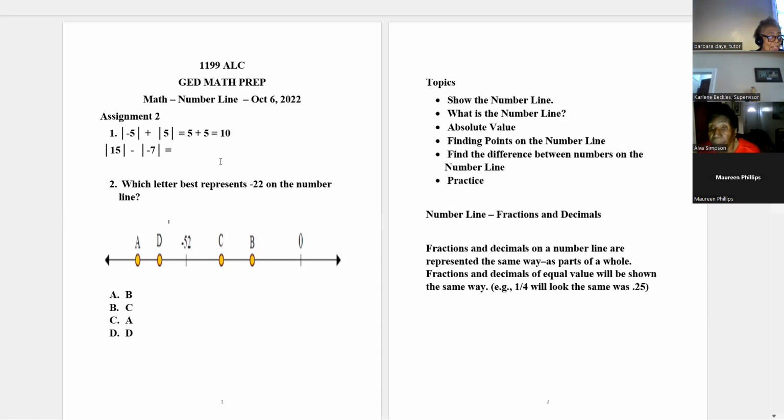That's right. You just take the number in between the vertical lines with no sign. So you're absolutely right. It would just be 15 minus 7, equal 8. You got it? I think you understand it now, right?